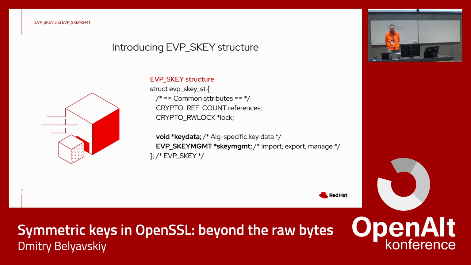It's a new structure, implemented in one of the providers. This is the structure which knows what the real structure beyond that opaque pointer is and can deal with it correctly. Its responsibility, for example, is import-export of keys, operations, management, and so on.